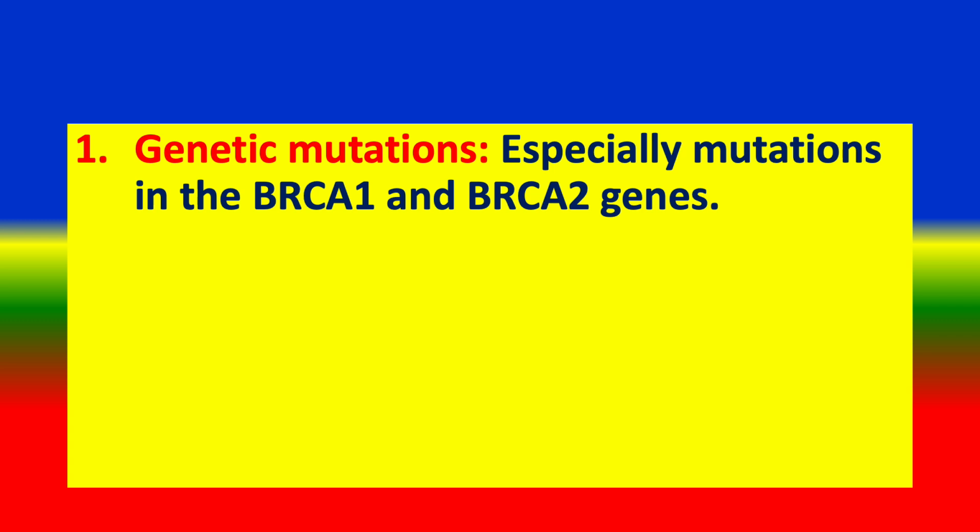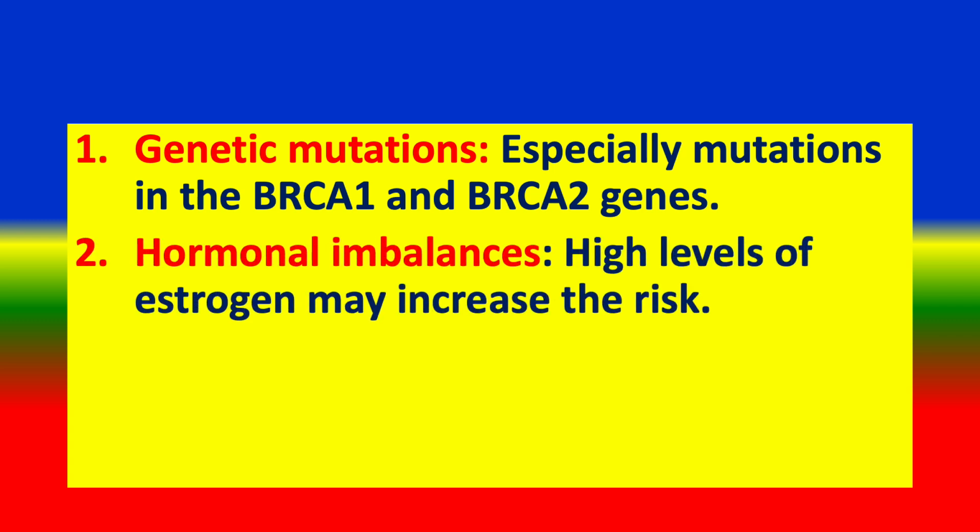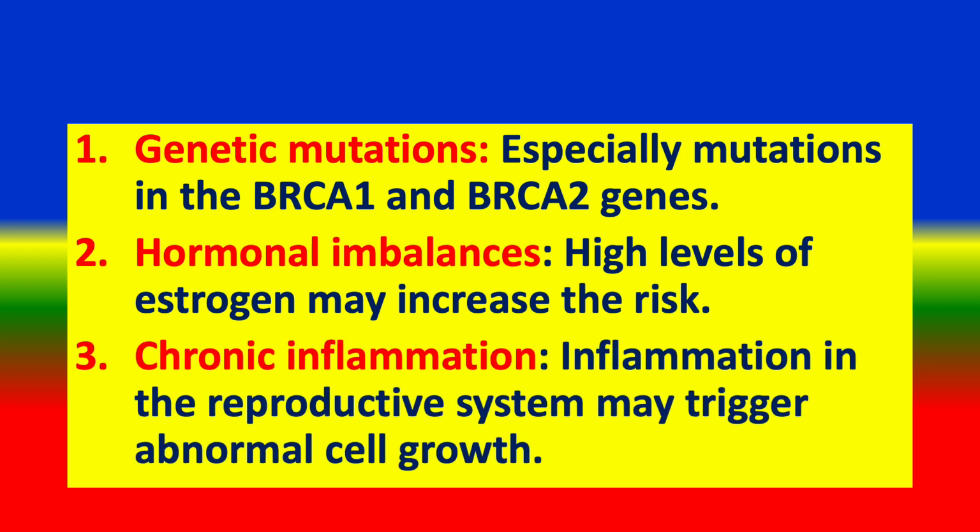Genetic mutations, especially mutations in the BRCA1 and BRCA2 genes. 2. Hormonal imbalances. High levels of estrogen may increase the risk. 3. Chronic inflammation. Inflammation in the reproductive system may trigger abnormal cell growth.